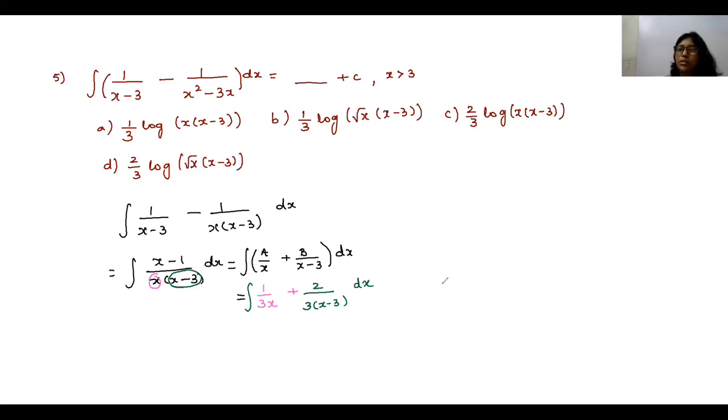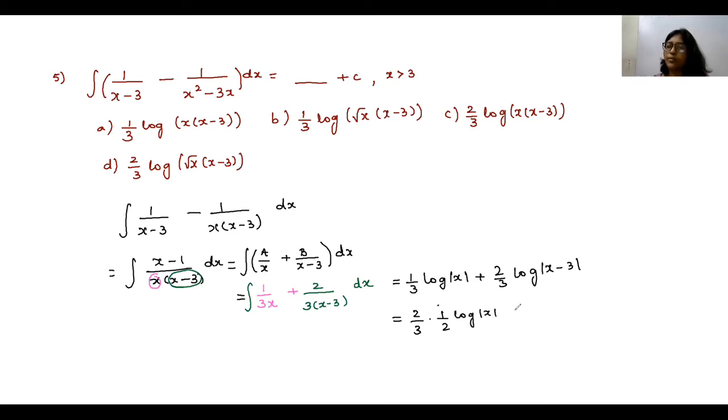So 1 upon 3 log modulus x plus 2 by 3 log modulus x minus 3. If we want to take 2 by 3 common, we'll have to multiply and divide this by 2, so that 2 by 3 will be common.